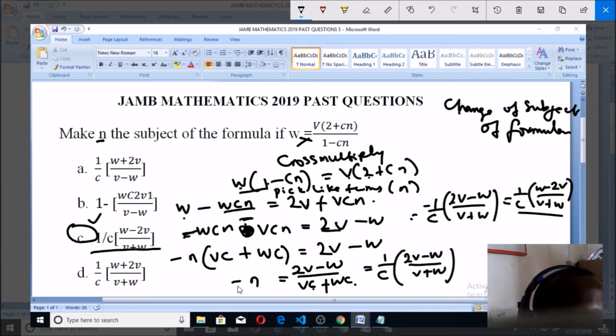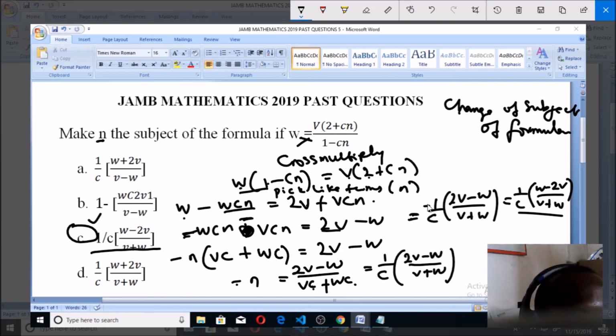So taking out this minus here, so that you have only n here. That is how we got this one. So we now have minus 1 over c into bracket 2v minus w all over v plus w, which is what we have here.